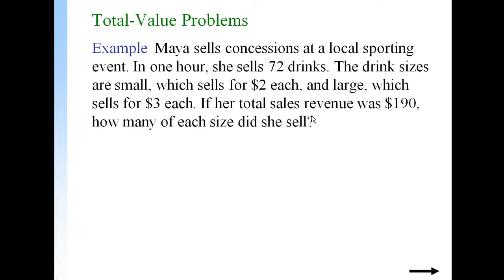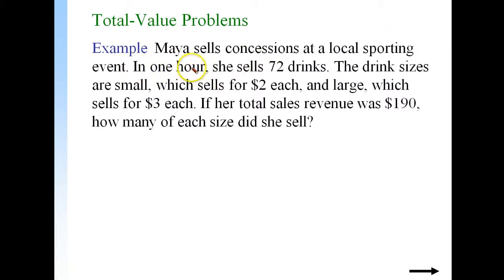So this is very, very typical of a word problem in which we could use two variables. I read it very slowly, but let's underline the key things. That she sells, that's not important.